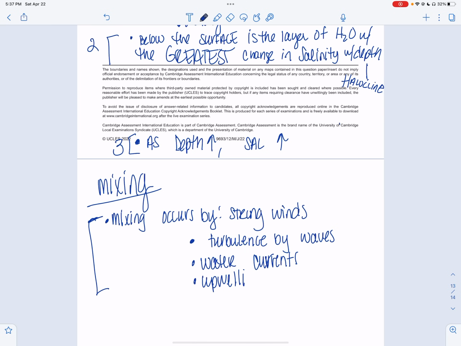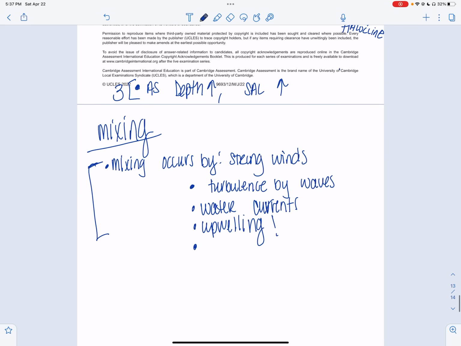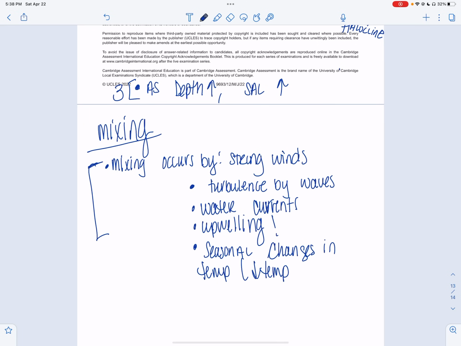Upwelling, movement of cold, nutrient-rich water from the seabed to the surface. It doesn't happen during El Nino. And then the last one is seasonal changes in temperature, like decreasing the temperature at the surface will cause the surface to sink.